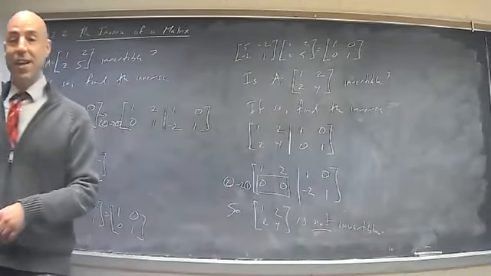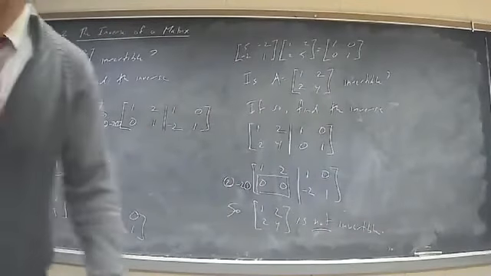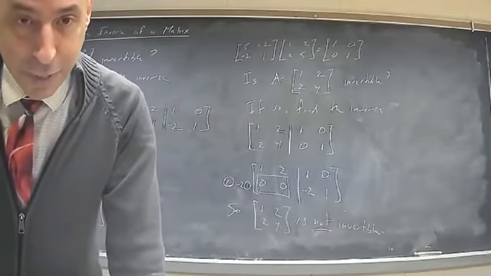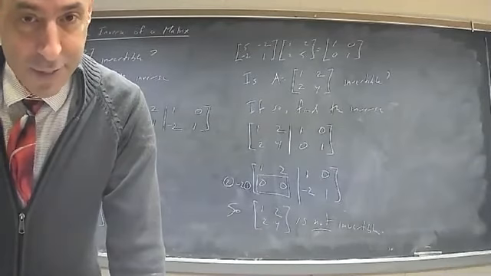If the reduced echelon form of the matrix is the identity, it's invertible. And if it's not, it's not.